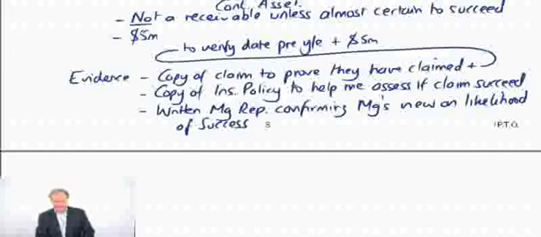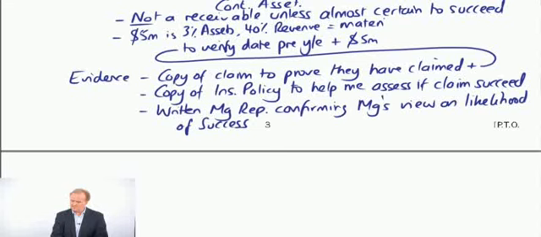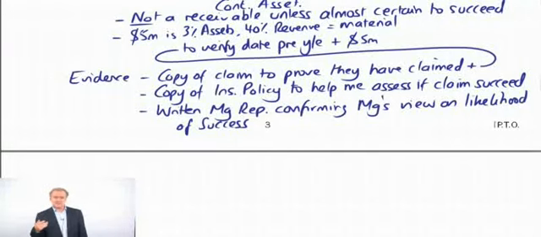So that claim is 3% of assets, about 40% of revenue. So it's clearly material. And then the rest of my answer is trying to assess the likelihood that it's going to succeed.